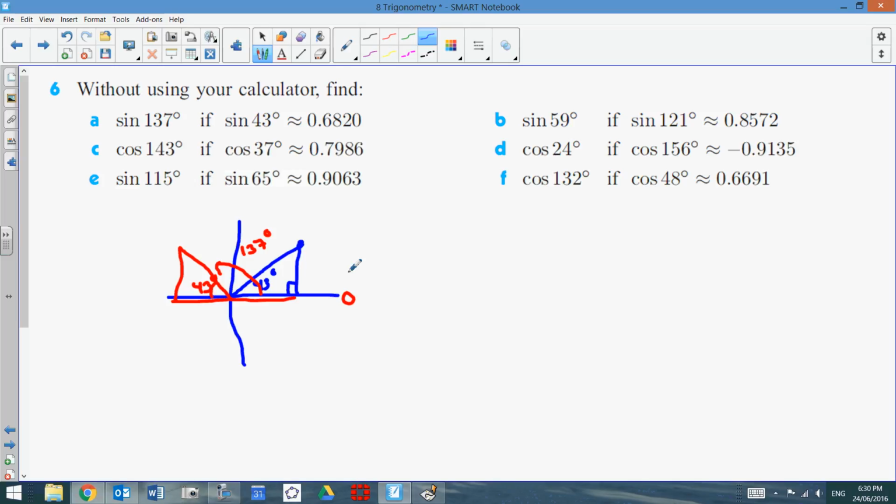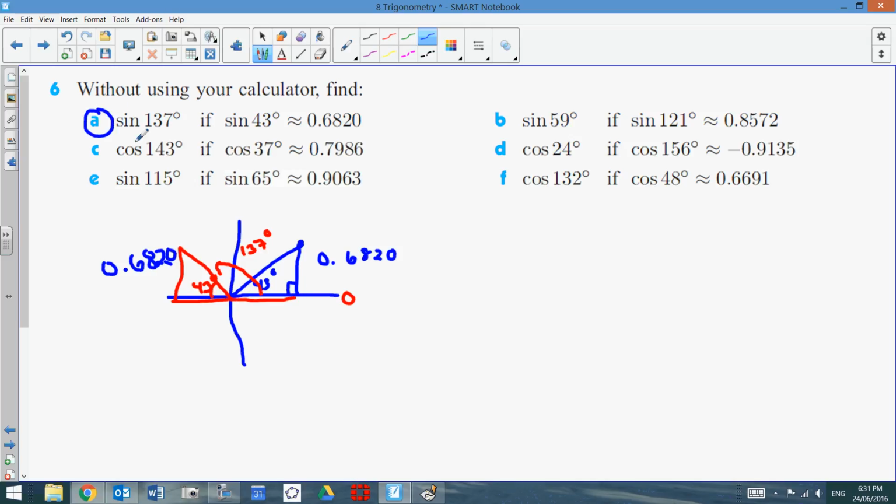If I notice my sine value, they're telling me, is 0.6820. Sine value is my height. So the question is, did my height actually change when I went to the second quadrant? So my height really stayed the same. What did change, though, is the cosine value, because the x is now negative in the second quadrant, whereas my x was positive in the first quadrant.